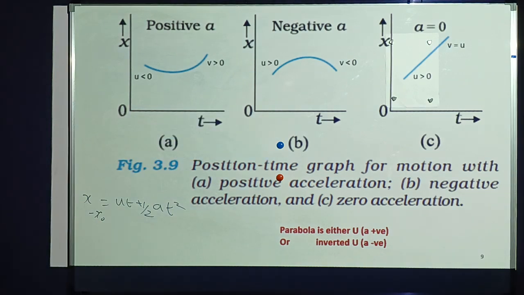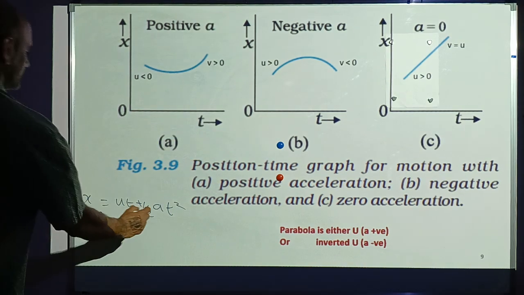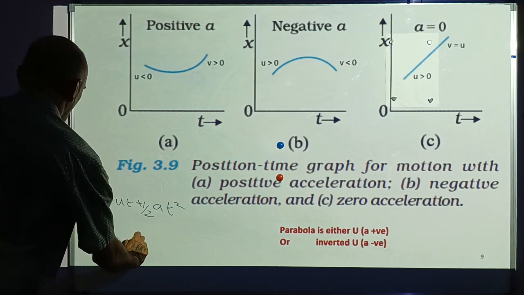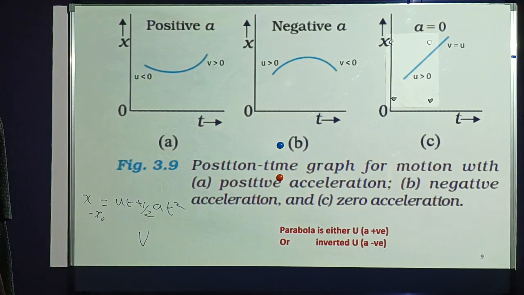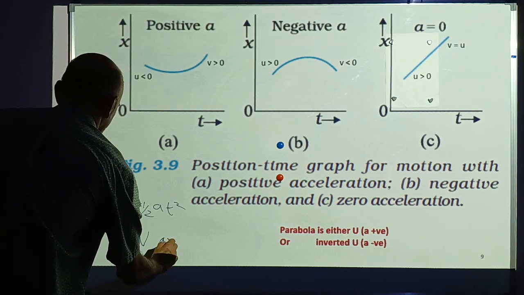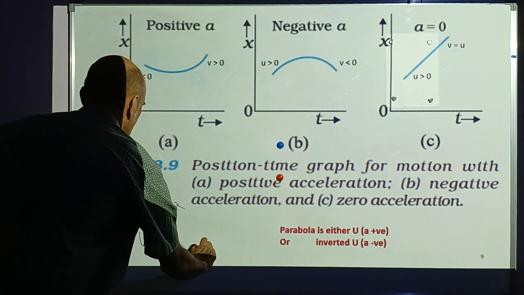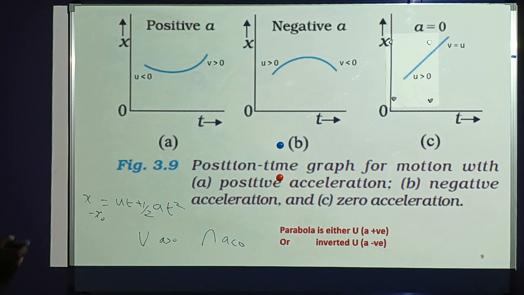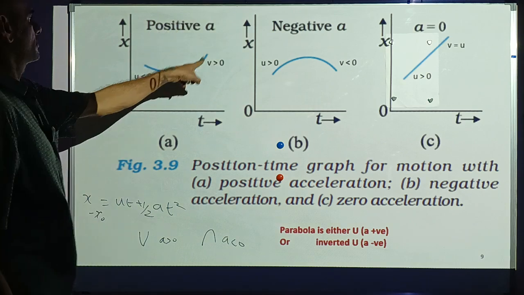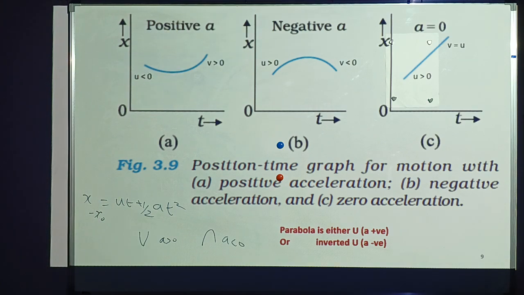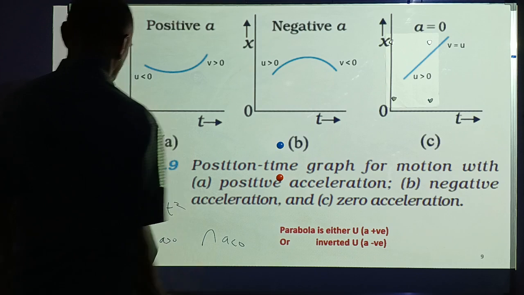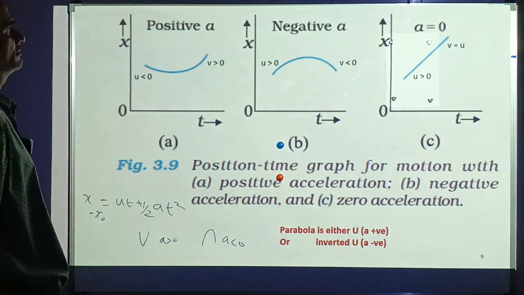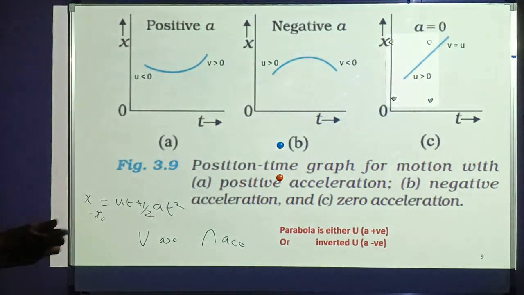Time is on the x-axis. If a is positive, the parabola will be like a u. If a is negative, it will be like an inverted u. This is a property of parabola. In this case a is positive, so it's a parabolic u shape, and for negative a, the t square term is negative, so it's an inverted parabola.